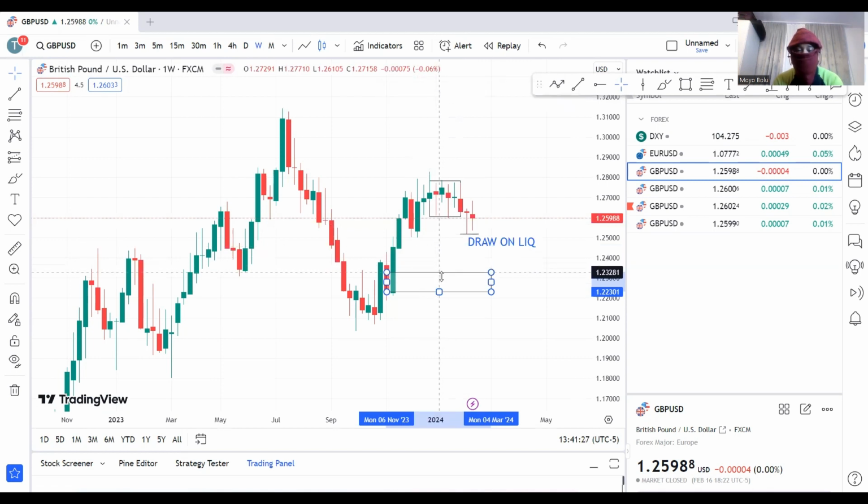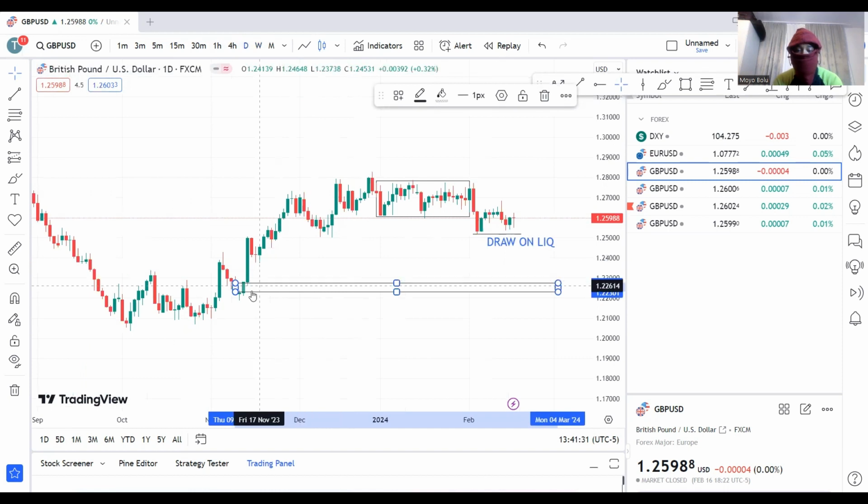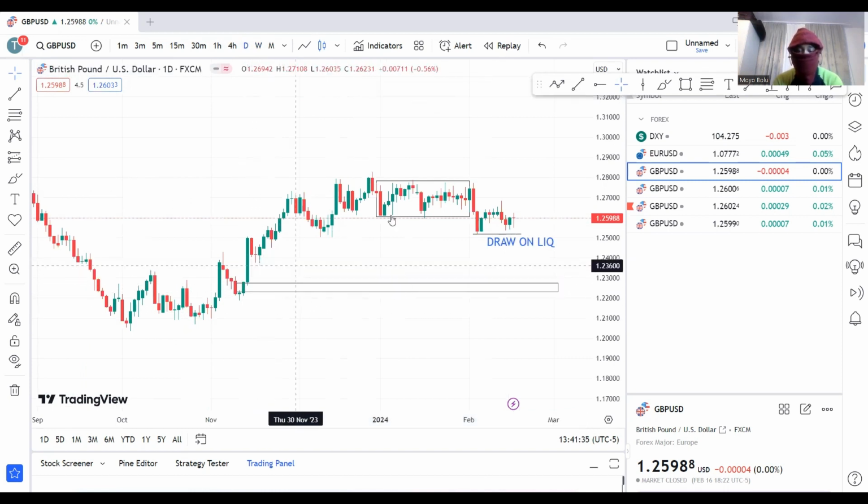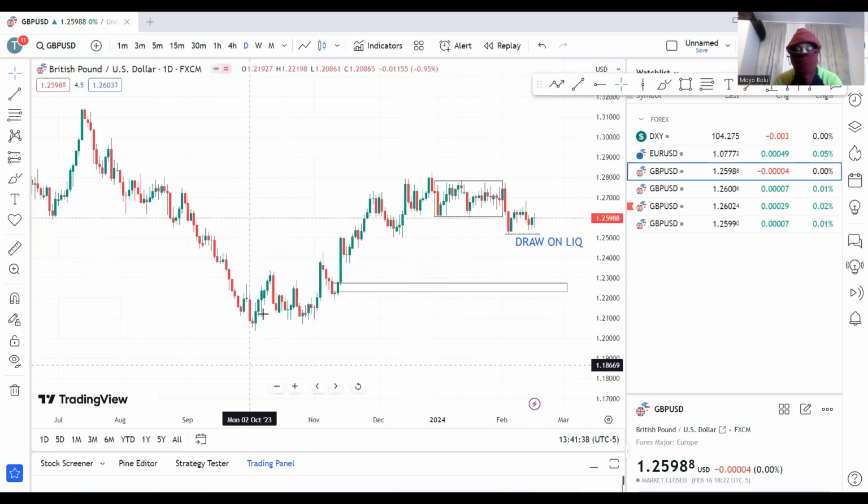But when I went to the lower time frame, I think I saw a fair value gap somewhere here, which I would like to see taken out. We could eventually have all of these lows taken out, quite honestly. But this is one place I would like to see price draw itself to.